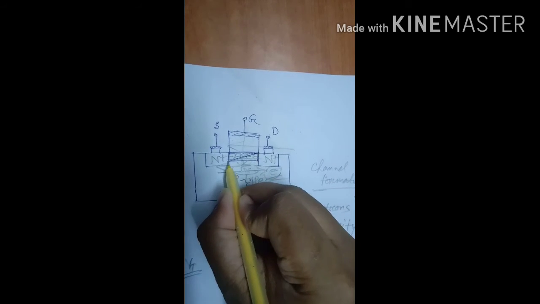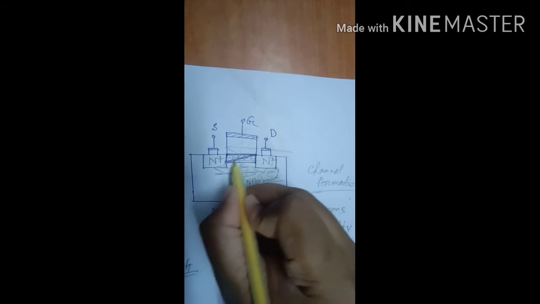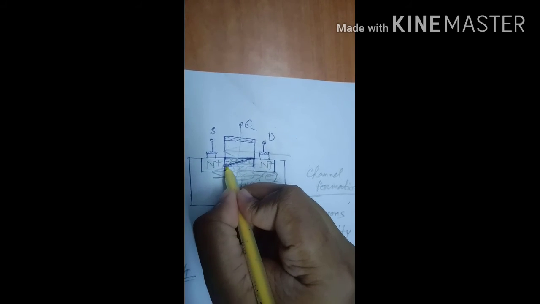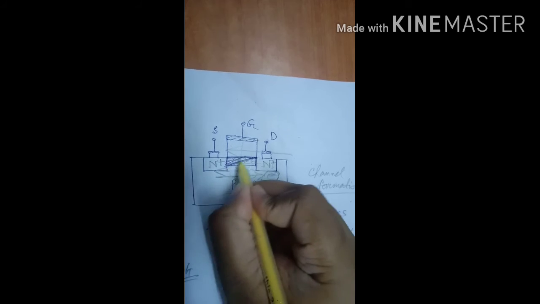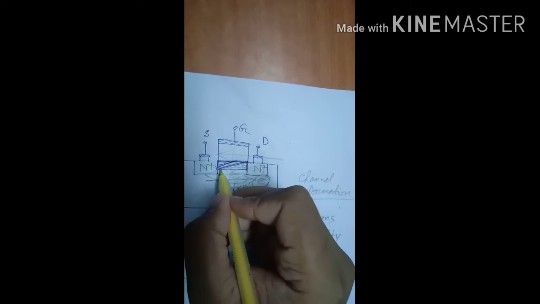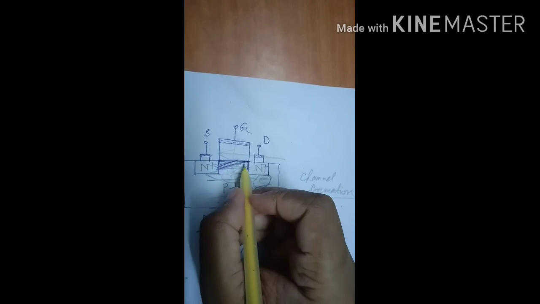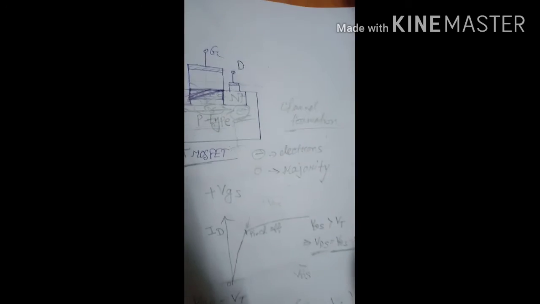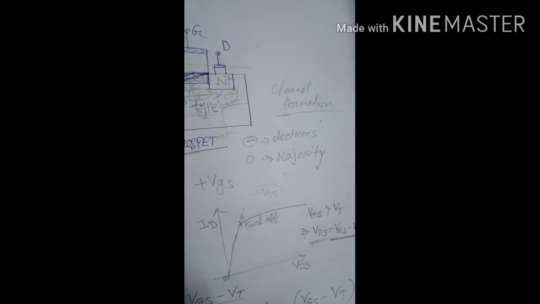This way modulation is there. After more VDS, it will modulate there. So you can see that the channel length becomes lower than the original channel formation, and it will not remain in uniform state.